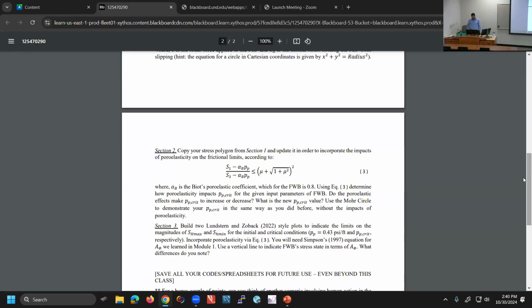And I added one line. You will need Simpson's 1997 equation for alpha phi that we learned in module 1. It's not just in module 1 that I showed you this equation, it's also in module 3. So if you want to do section 3 of the homework correctly, you need to use that equation.